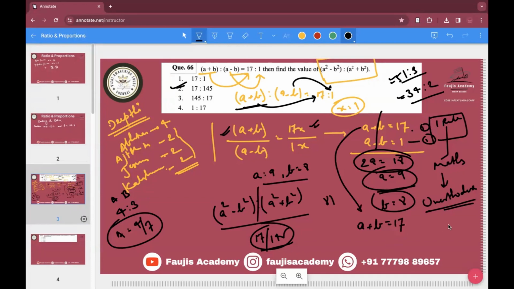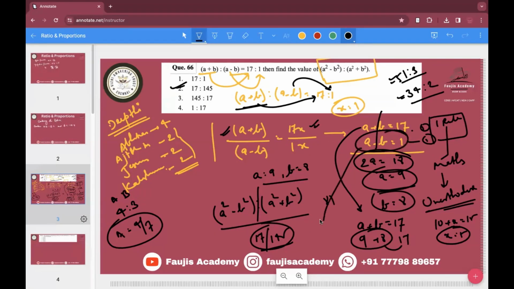I'm saying 10 plus something is equal to 15, then what is the value of x? X will obviously be 5, no? Yes, sir. So if A is equal to 9, and over here it is 17, then B will obviously be 8. Then only 9 plus 8 will become 17.